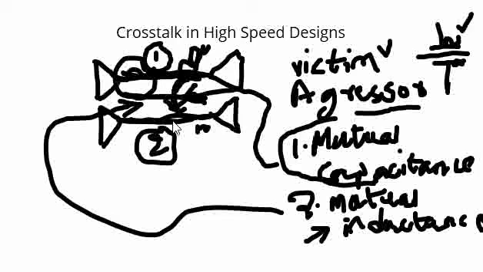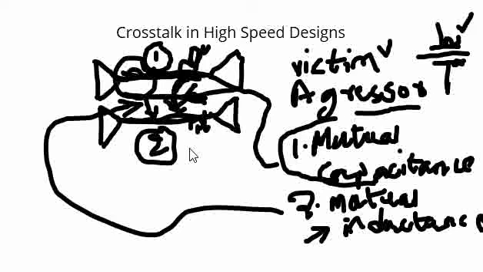As the victim runs along this aggressor over a particular length, this magnetic field couples from the aggressor onto the victim, which again causes variation here.